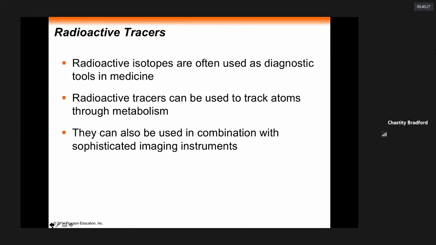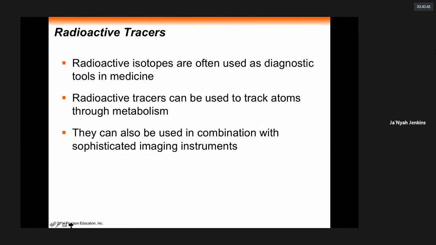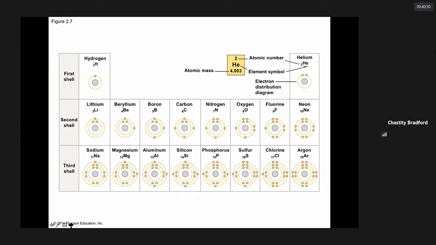Let's go back. Atomic number is, are you seeing my screen? Yeah, number of protons. Just protons. But you're saying, if you know the number of protons, you probably can figure out electrons, right? Is that where you were going? Yes. Okay, good.